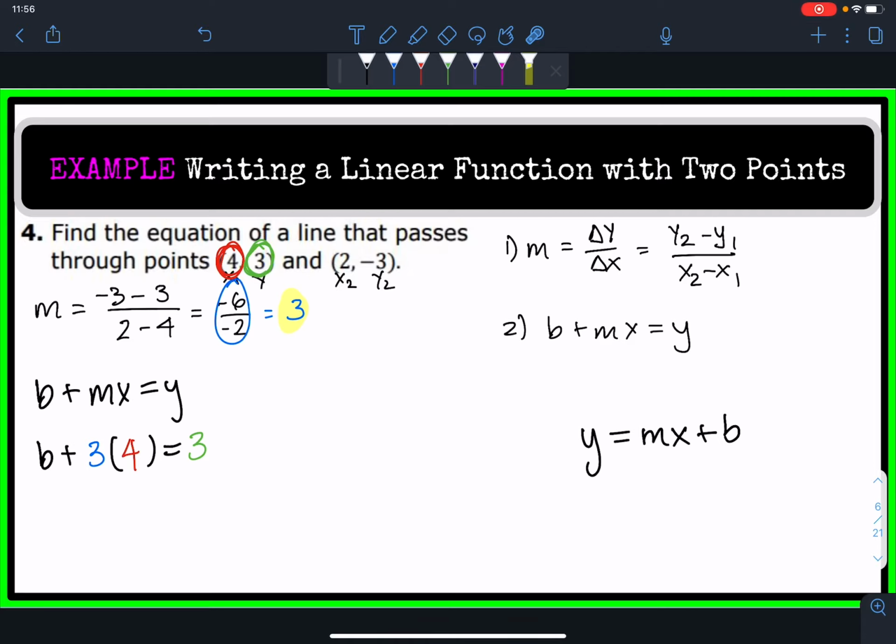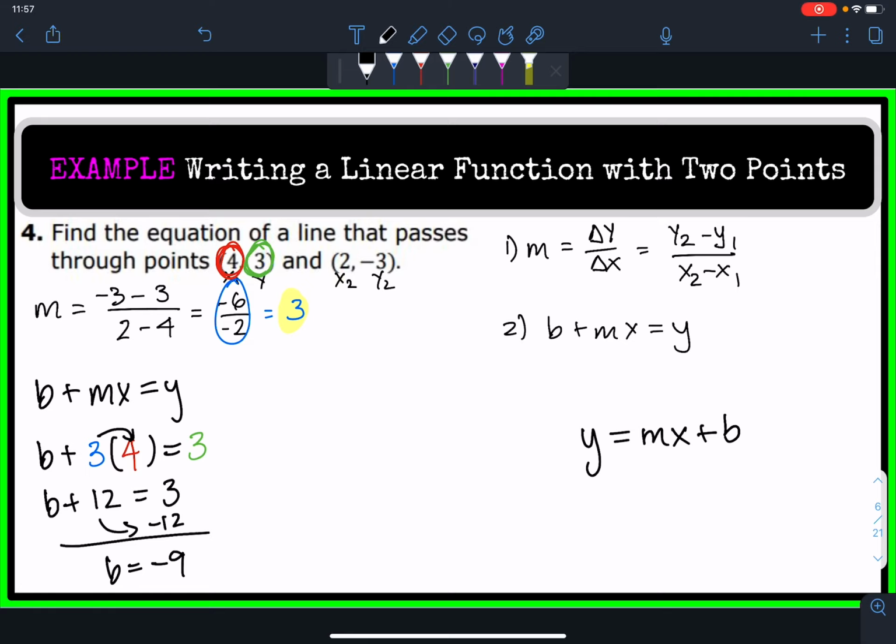I cannot be interchanging those values and use 4 and then -3, or use the +2 for the x and then this +3 for the y. I have to use the same 2 numbers in the parentheses. And then from there we solve. Multiplying these 2 numbers is 12. That's going to equal 3. Subtracting the 12, moving it to the other side, we get that b is equal to -9.